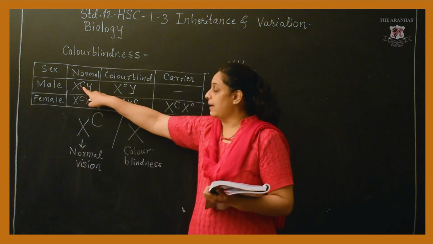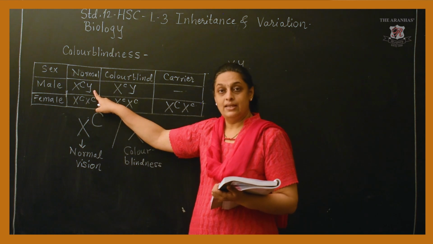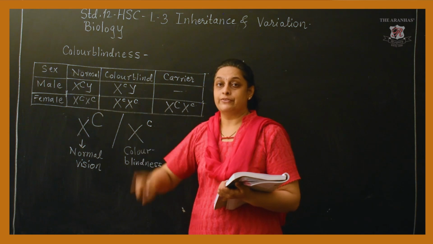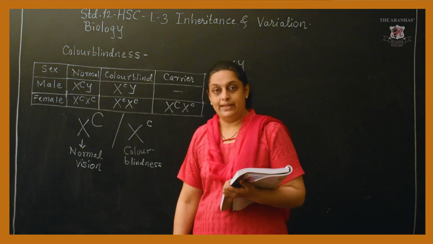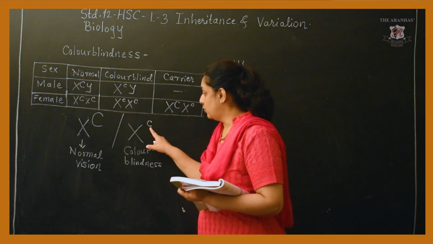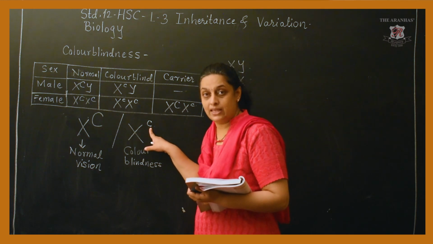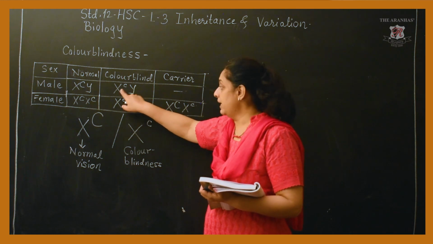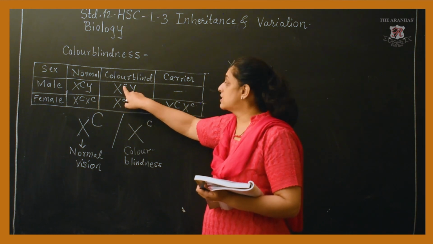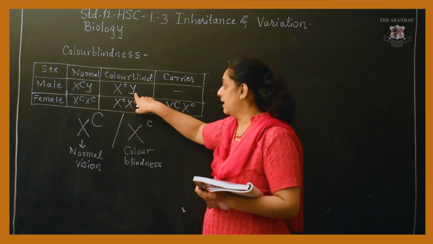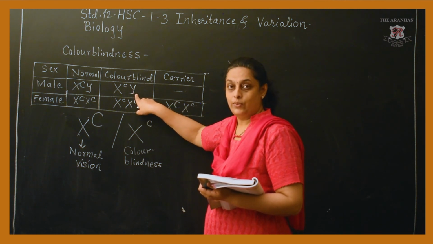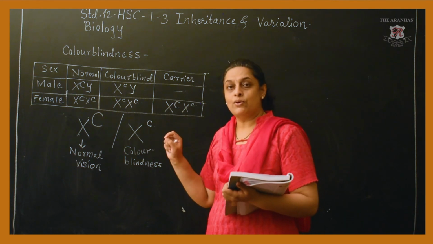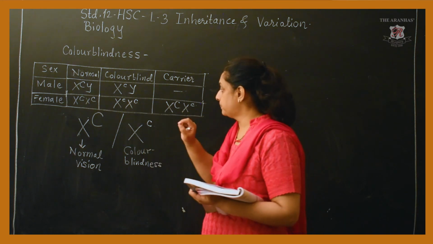So X capital C Y is the genotype of the male. But if the male is color blind, then the gene will be recessive, small c, and the genotype of the male would be X small c Y. If you understand this basic thing, then writing a cross is not going to be difficult.